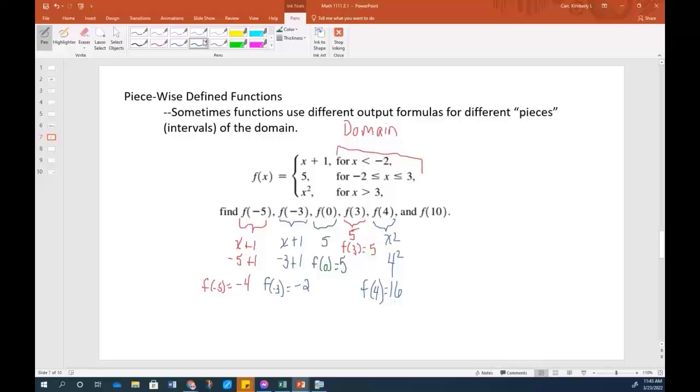Now 10 is also bigger than 3, so when I plug in my 10, I'm on this last row, and I still need to do x squared, which means I've got 10 squared, which is 100, so f of 10 is 100.